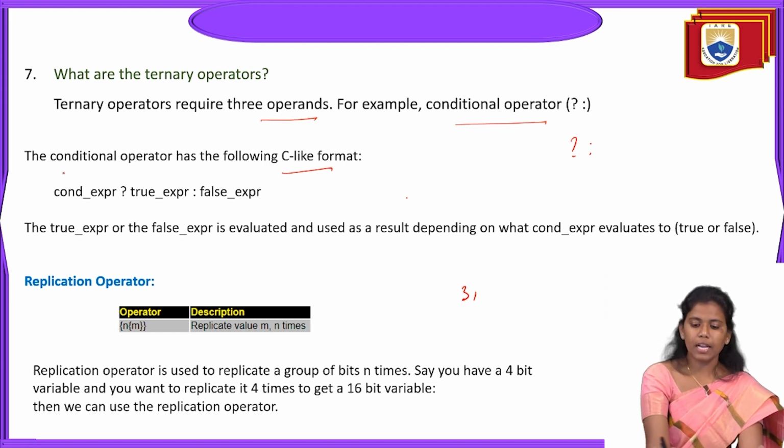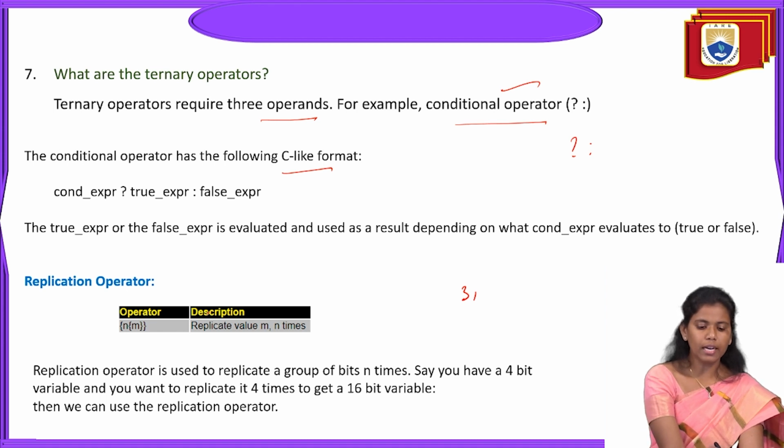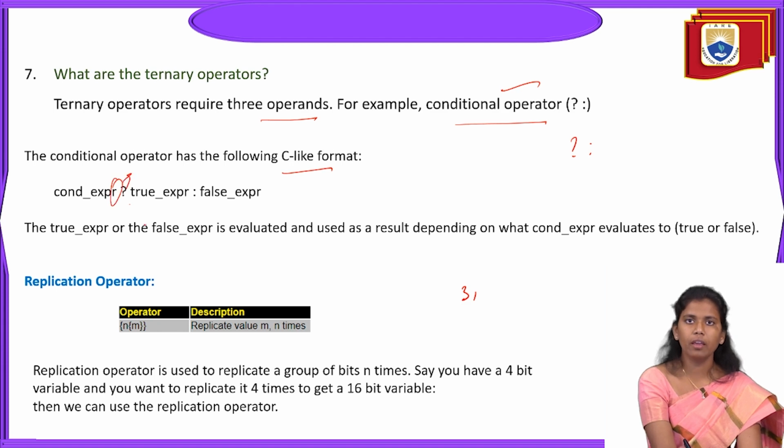As I said, this ternary operator requires 3 operands. How 3 operands? Totally based on the conditional operator. If the condition expression is true, it goes with the true expression; if it is false, it goes with the false expression.